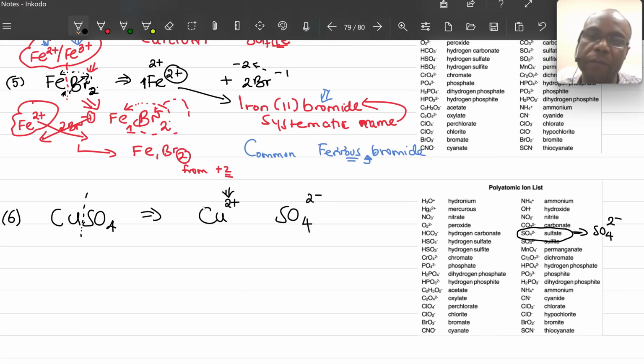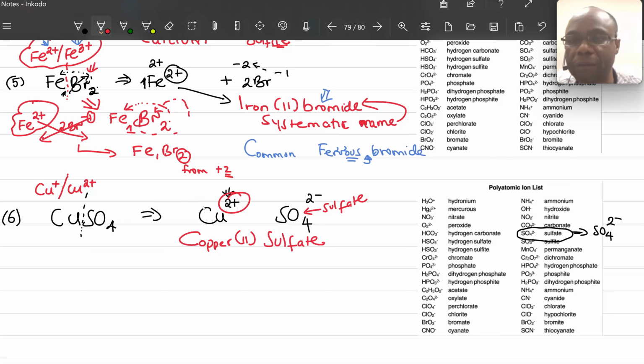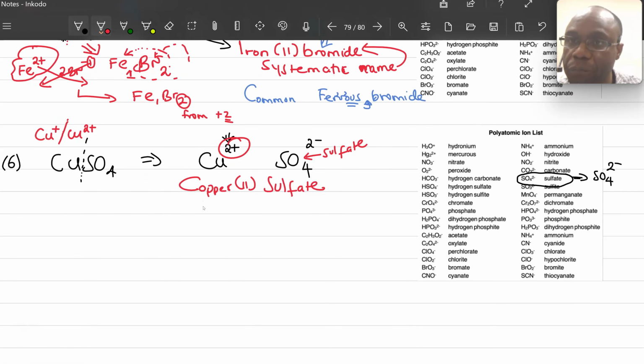You're right. We need to add 2+. Now copper is one of those that can exist in 2 forms, copper 1 and copper 2. So it looks like you're working with copper 2. So we have to specify that we have copper 2. And then this is just the polyatomic ion sulfate. So the compound here is called copper 2 sulfate.